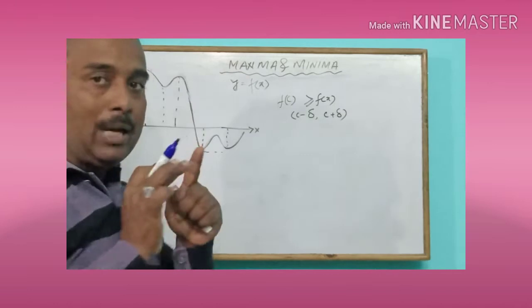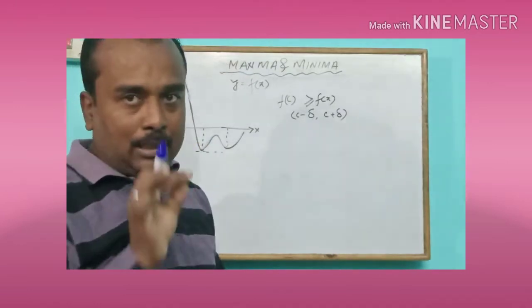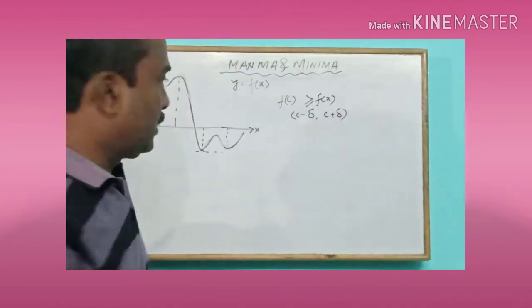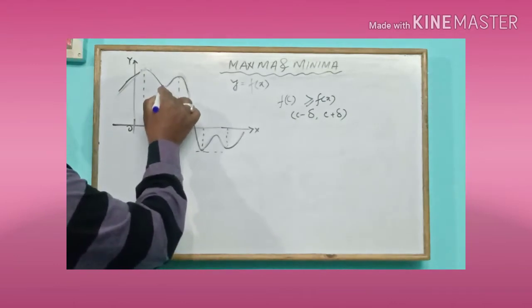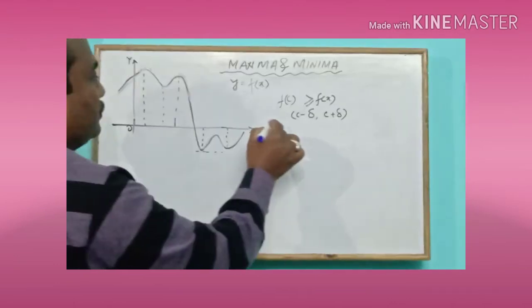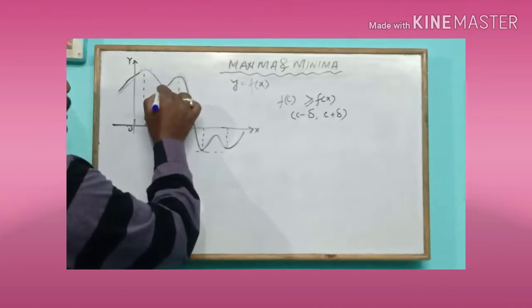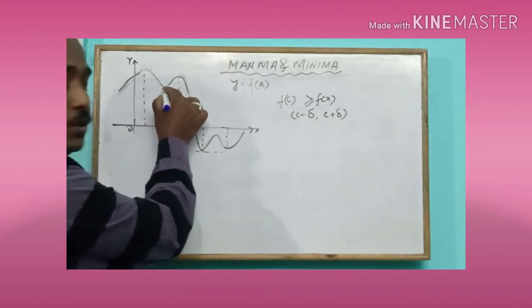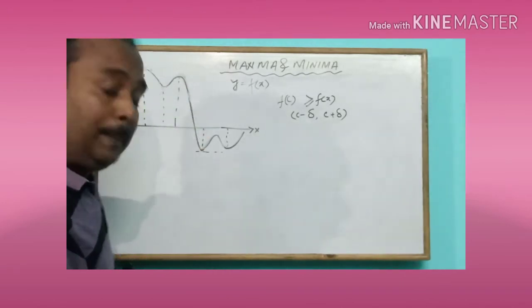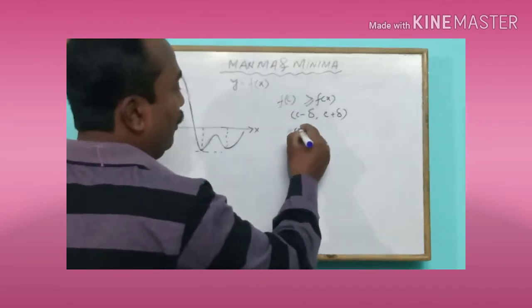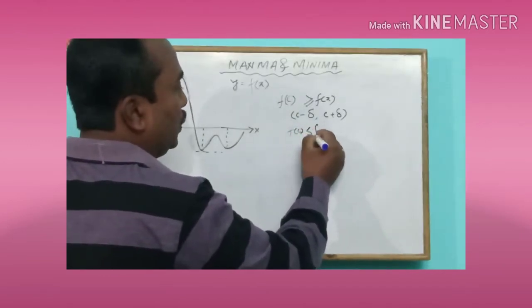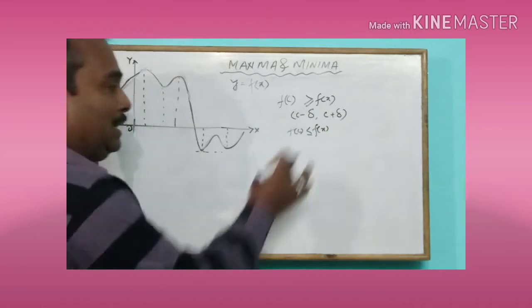It is just localized, meaning at that point f(x) is highest. Similarly, here at this point, this is the least value, so this is known as the local minima. Here f(C) is less than or equal to f(x) in the same interval.